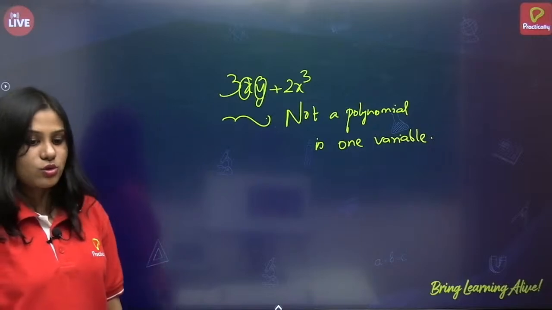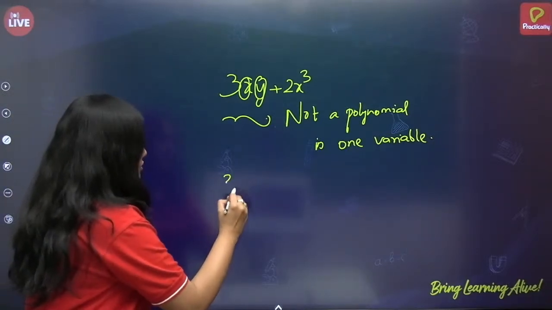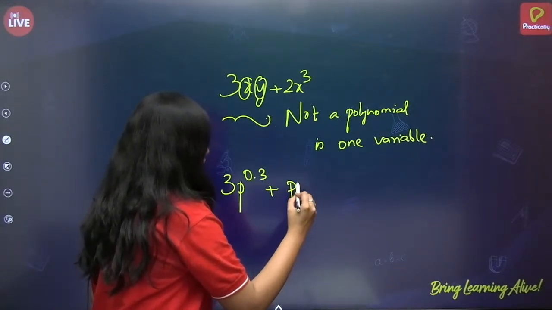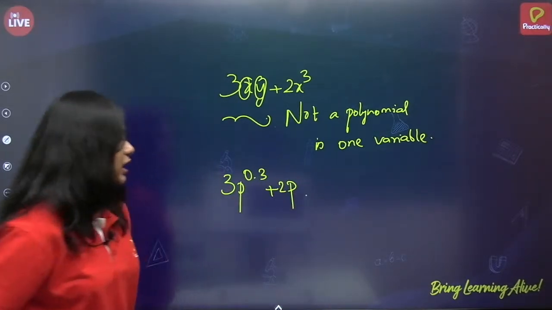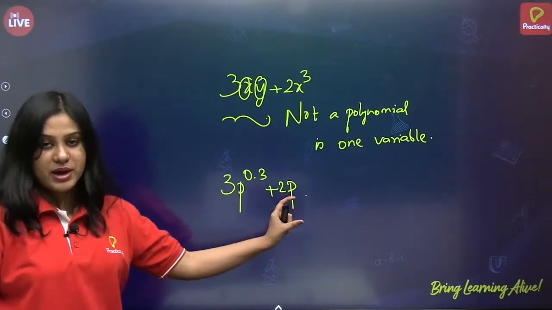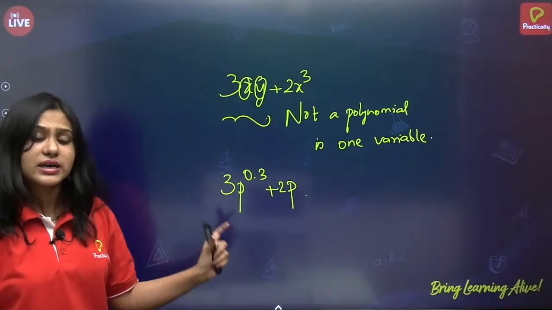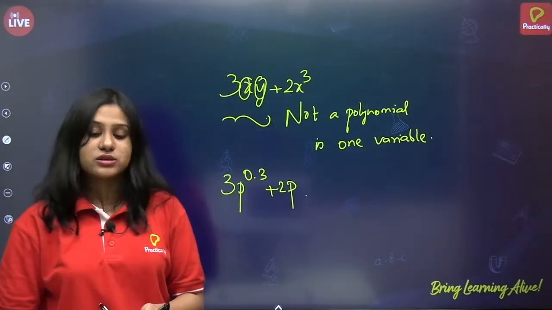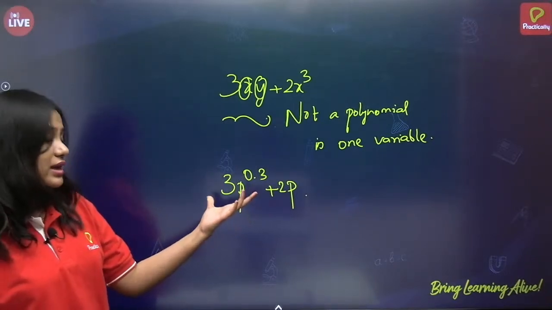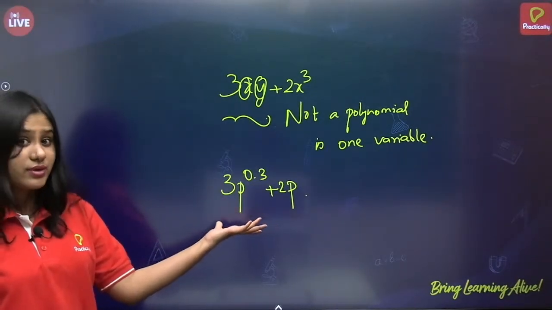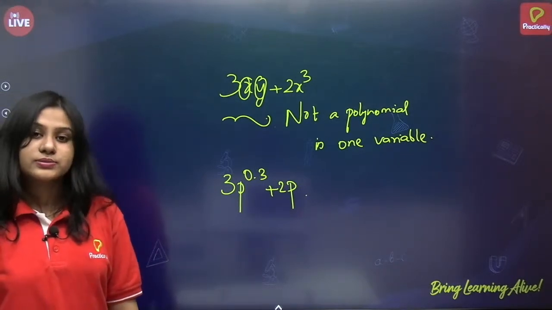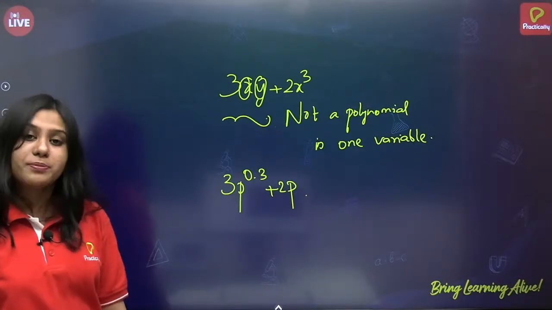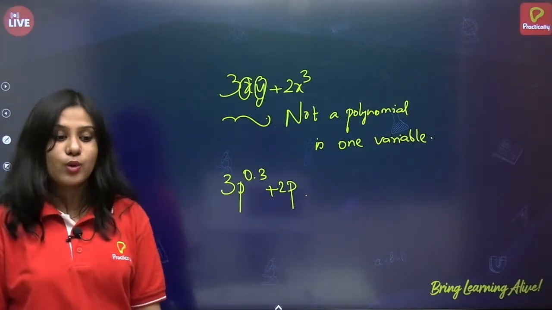The other one: 3p power 0.3 plus 2p. If I give you this algebraic expression, can you say that it is a polynomial in one variable? Come on, type the answer in the comments. So, no, this also cannot be considered a polynomial in one variable.